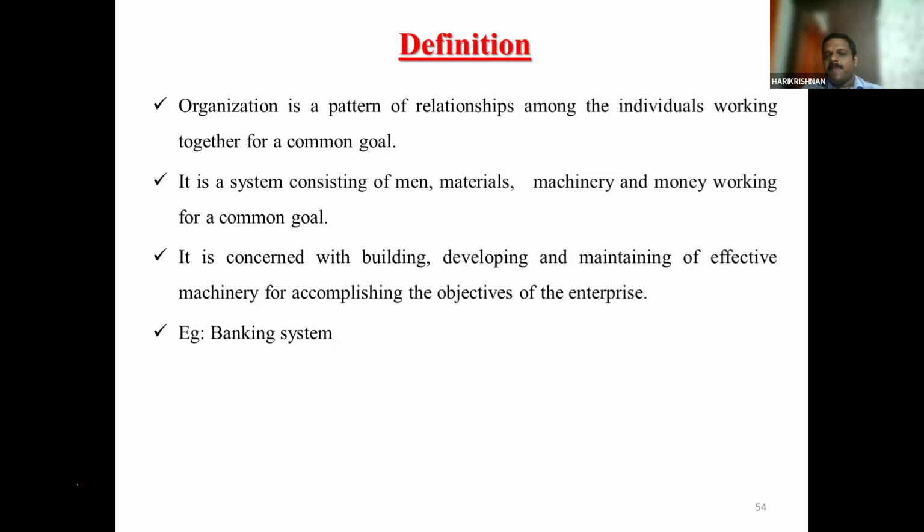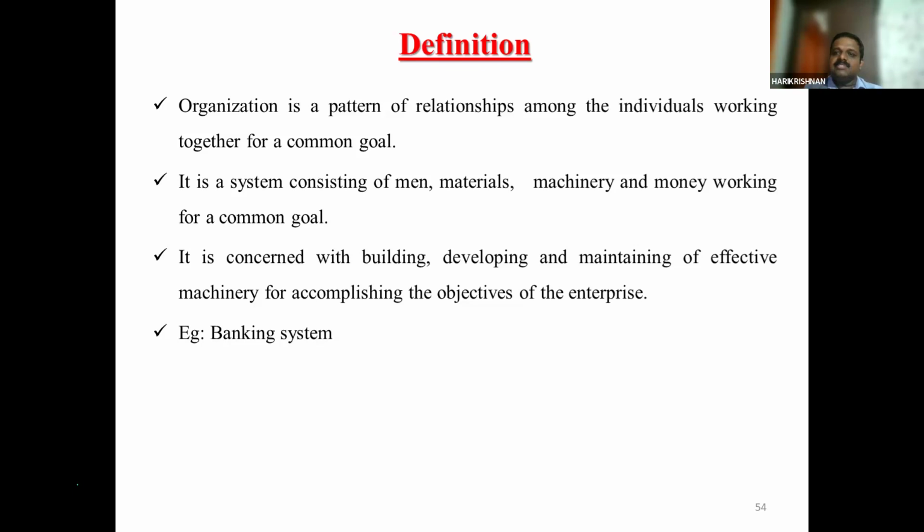So organization is a pattern of relationship among individuals, that means among the teachers working there, for a common goal. What is their common goal? To produce results for the students. It is a system consisting of men, material, machinery and money working for a common goal. In a college, there will be teachers, and labs for training the students, which come under materials and machinery.